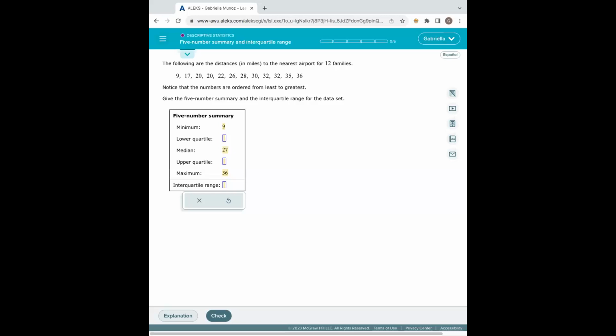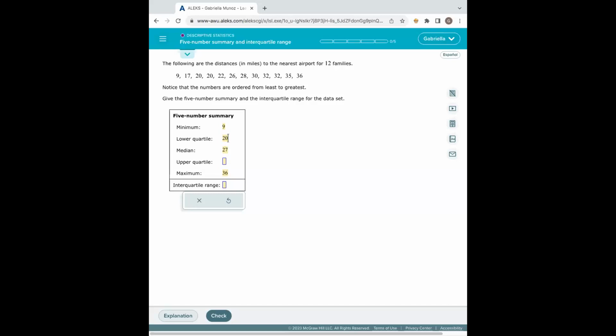To find the lower quartile, you split the data in half. So there's the bottom 6 and the top 6. You look at the bottom 6 numbers and find the median of those. So I'm getting 20 and 20. So that means 20 is the lower quartile, and the lower quartile is Q1, by the way. For the upper quartile, you take the top 6 and do the same thing.